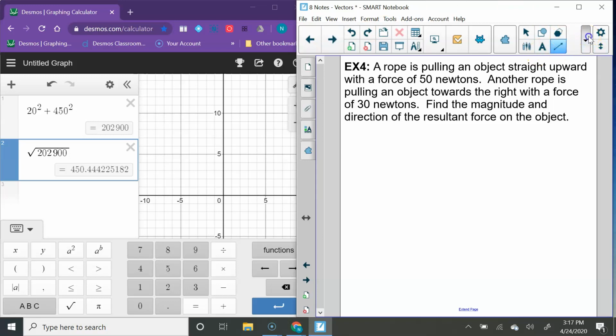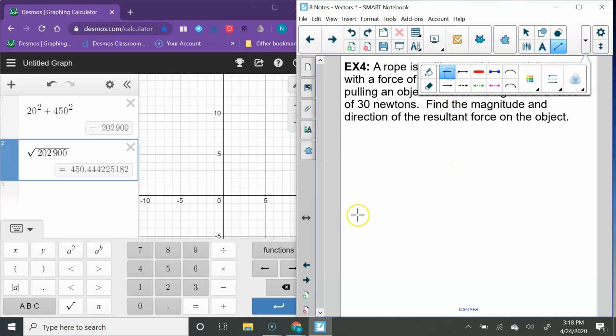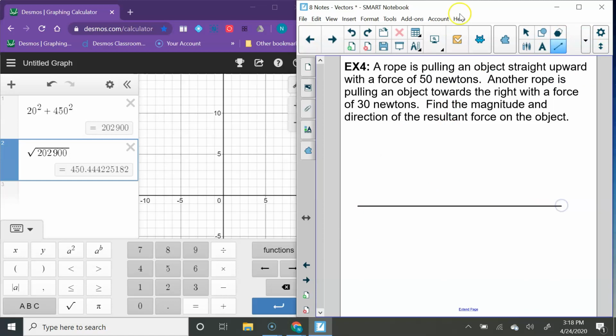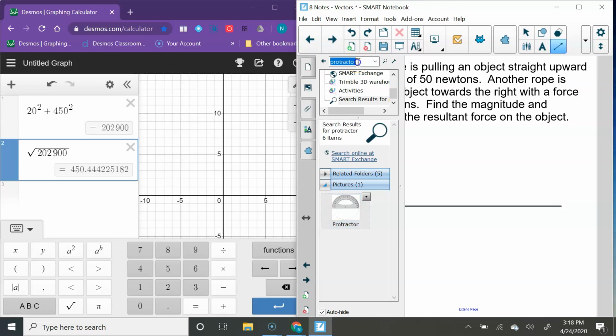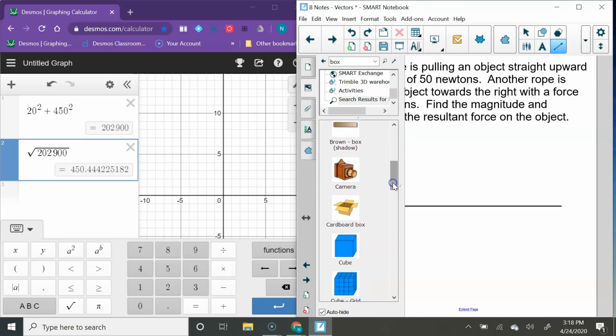So let's just draw in here. We've got the ground right here. And let's just find a picture of, let's see if it's got something. Got 23 pictures of boxes. Let's find one that we like.